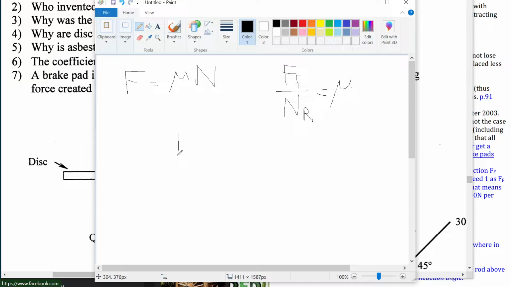So if I have a box and there's some weight, mass times gravity going down, and assuming that we've got a regular box like this, we're going to have that be our normal reaction. Okay, and then I'm going to push it with a P, and then I'm going to have friction opposing that.